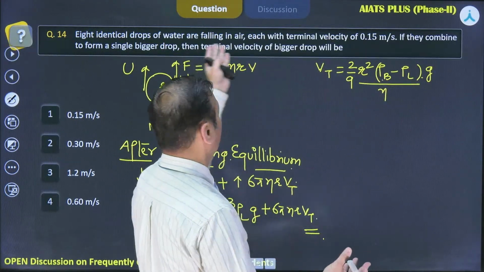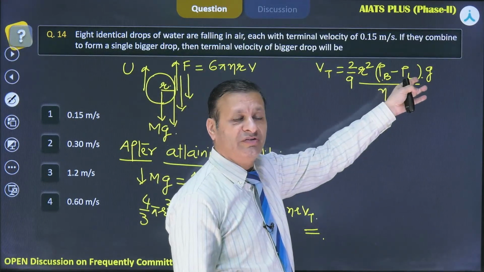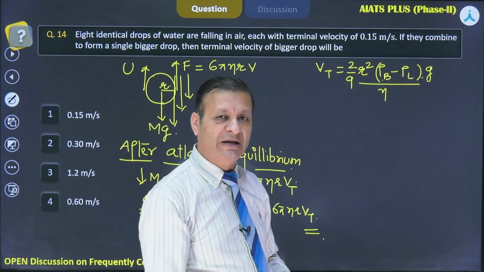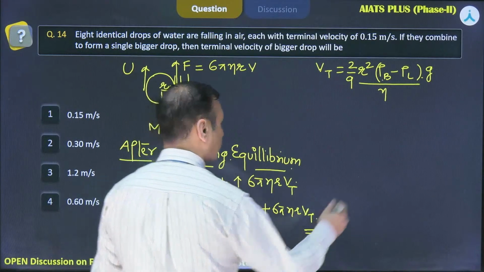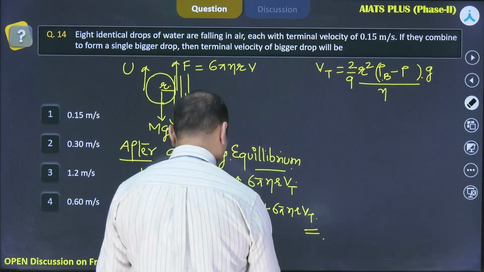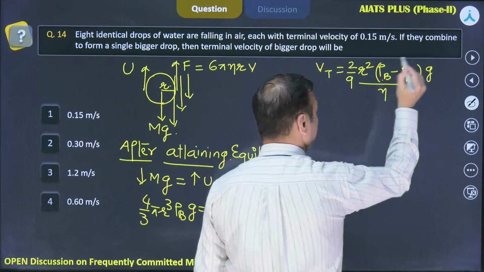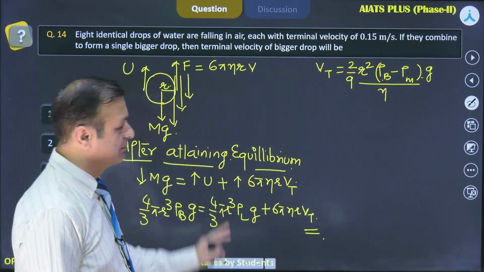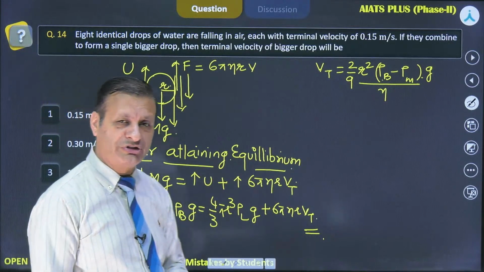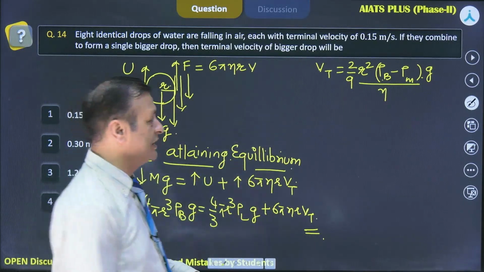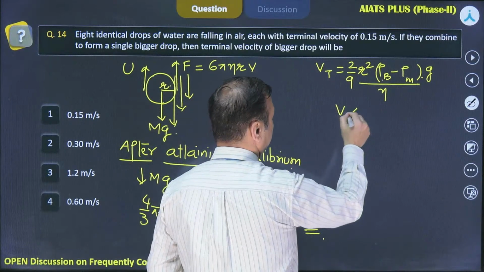It is falling through air, so the density of the medium, if I precisely write it as medium, would still be air. g is acceleration due to gravity and eta is the coefficient of viscosity. So keeping all the factors same, can we write it down?